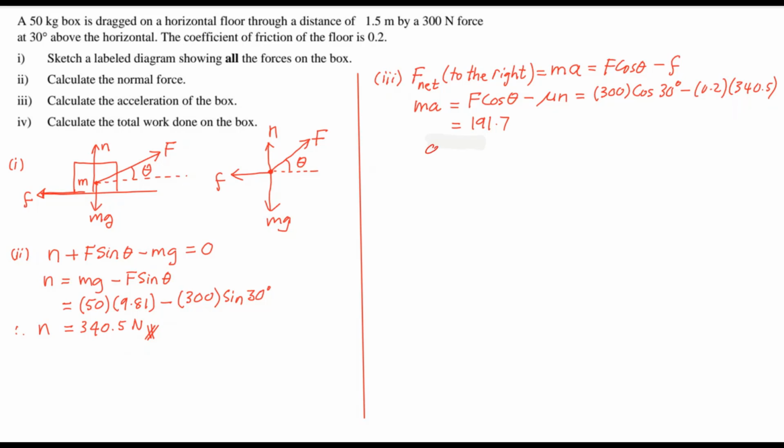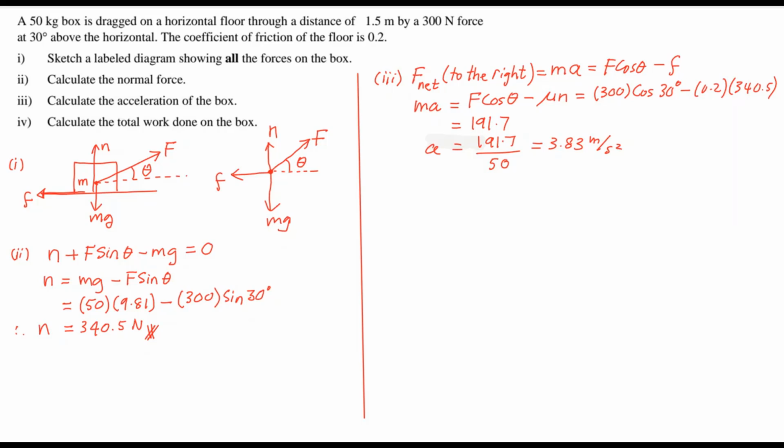Therefore, a is equal to 191.7 divided by m, 50, in meters per second squared. So a is 3.83 meters per second squared.